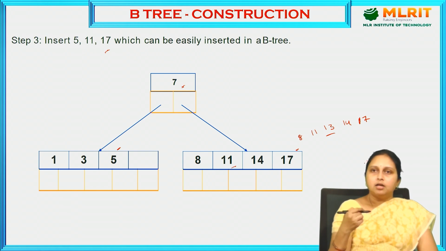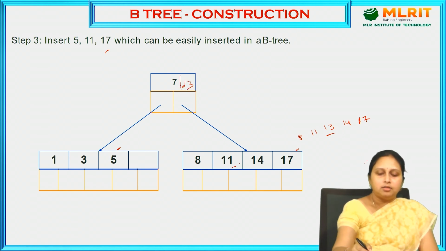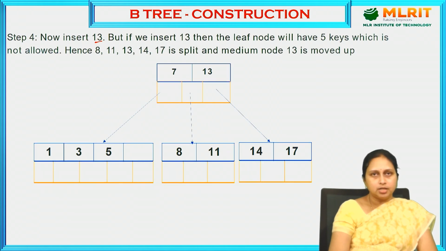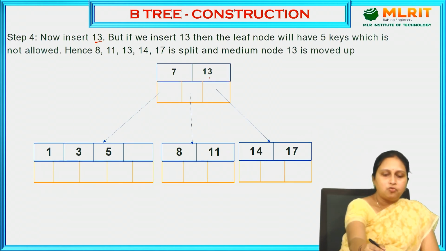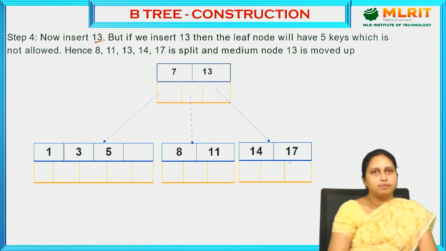So I need to move one element up, that means I need to move 13 up. The left of 13 should be 8 and 11 and the right should be 14 and 17. This split has to be done. As you can see, on the left of 13 you have 8 and 11 and on the right you have 14 and 17. This is the way we are going to split it.